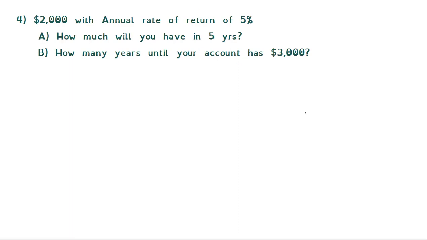So let's look at this one. We're going to look at two different components of it. Your starting amount, again, remember it's your A, so 2,000 was my starting amount in this case.